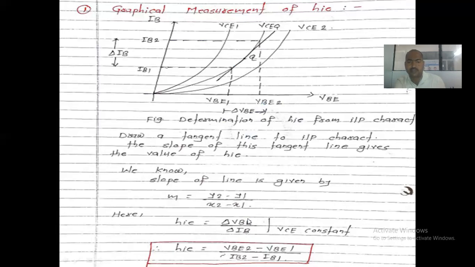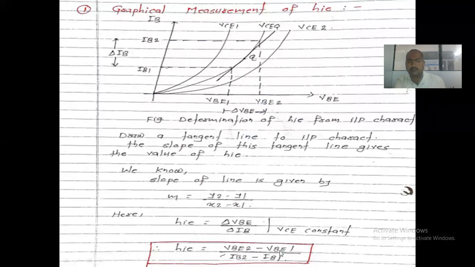So in this case, upper point is Vb2, lower point is Vb1. So Vb2 minus Vb1, this is nothing but delta Vb. And now current also has 2 points, that is Ib2 minus Ib1. So this is nothing but delta Vb by delta Ib.